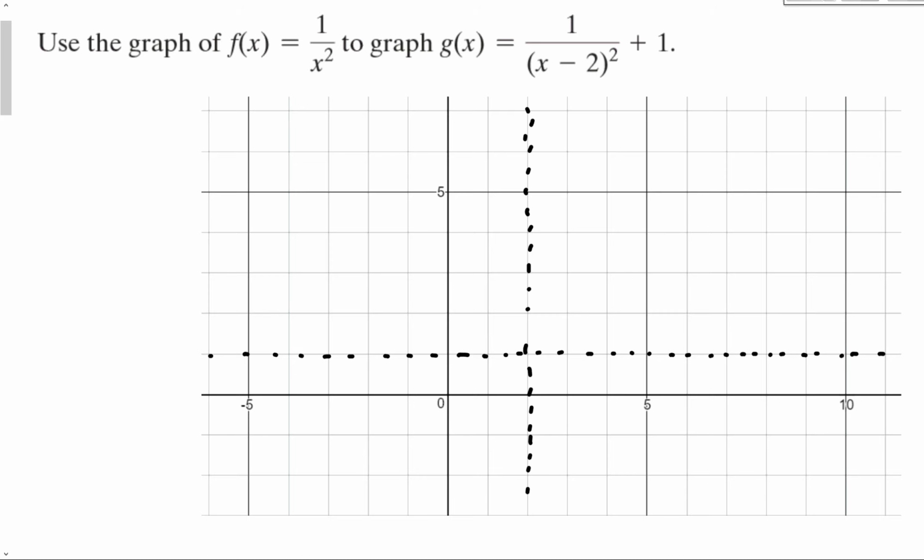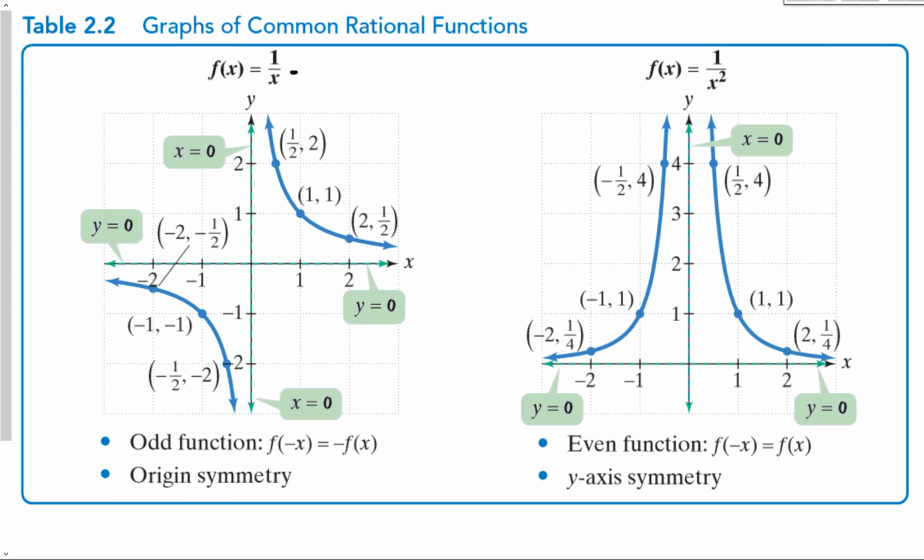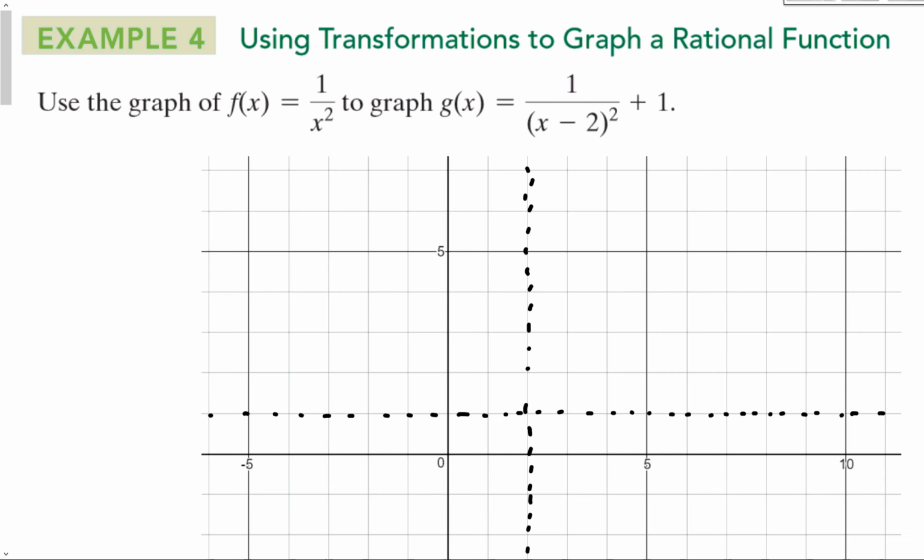Okay, so if I look at my parent function again, this had a point of 1, 1. So my point of 1, 1, I can simply shift that right 2 up 1. Okay, and reflect it across, because it's even symmetry, and its symmetry now is going to be this line right here.